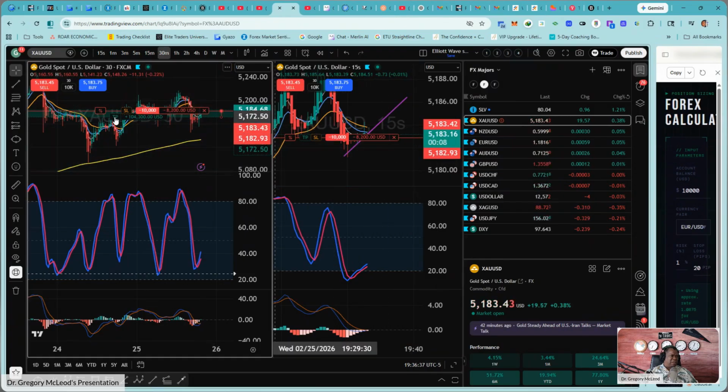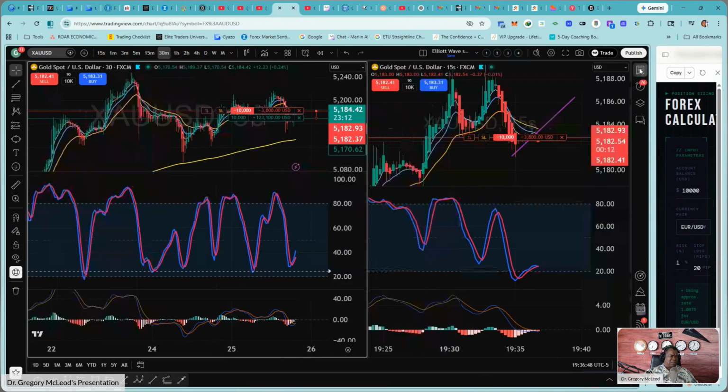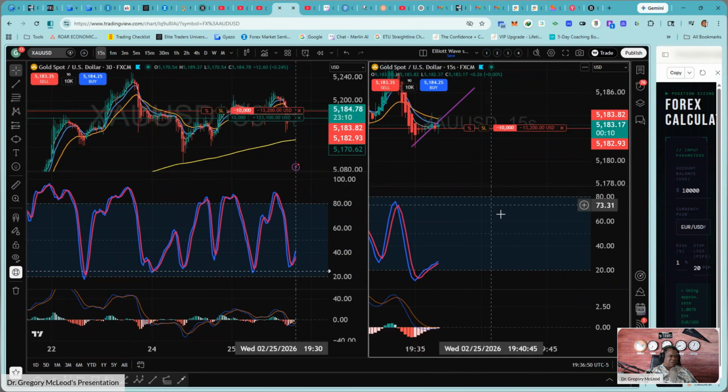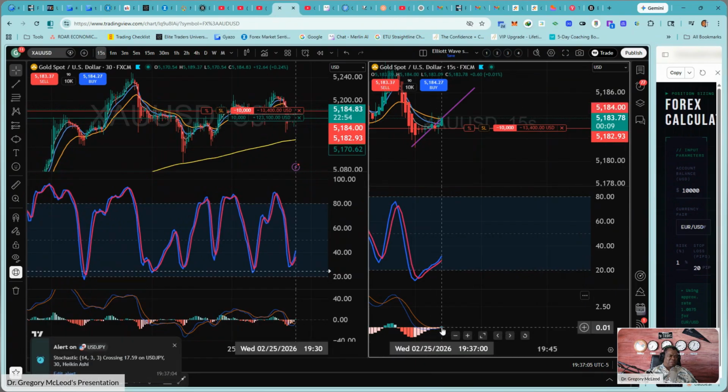Take profit at the old low, maybe. Let's see. Oh, okay. Small body candle. South side break, short at 51.83. You have no separation. The MACD has no separation.